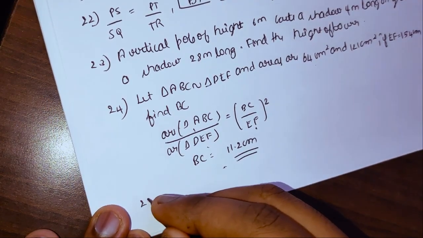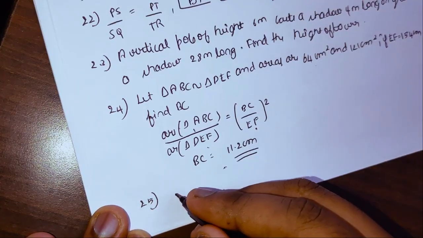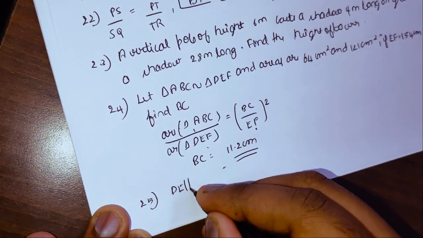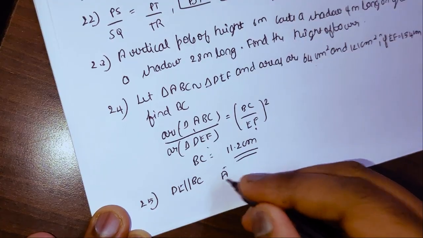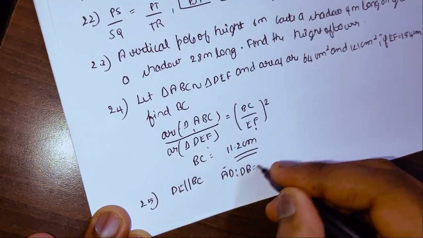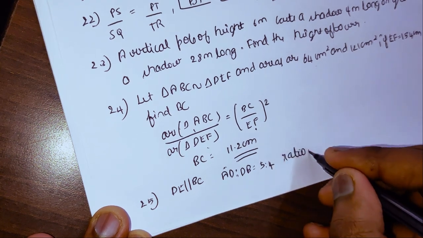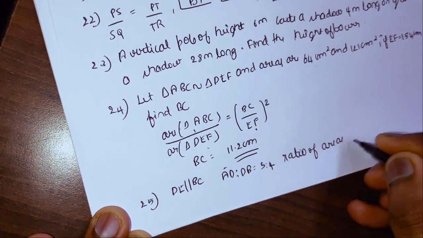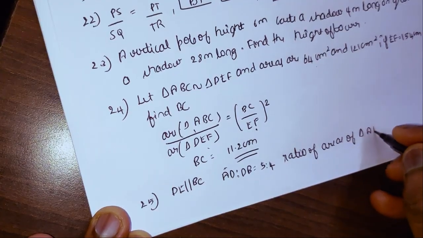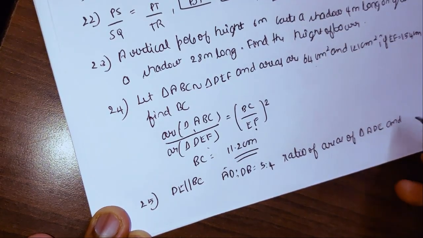25th question. DE is parallel to BC, AD is to DB, that is 5:4. Find the ratio of areas of triangle ADE and triangle ABC.